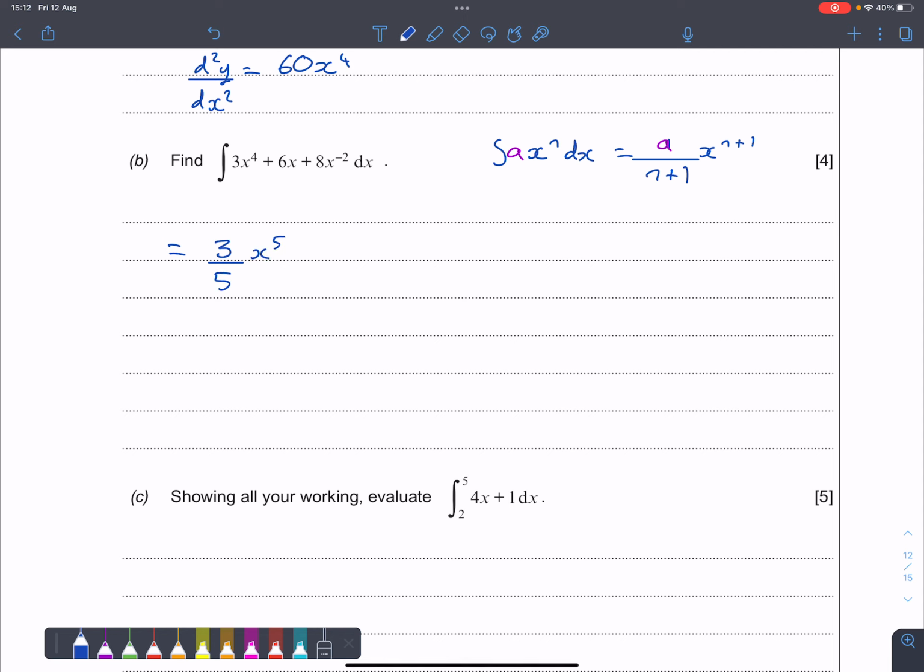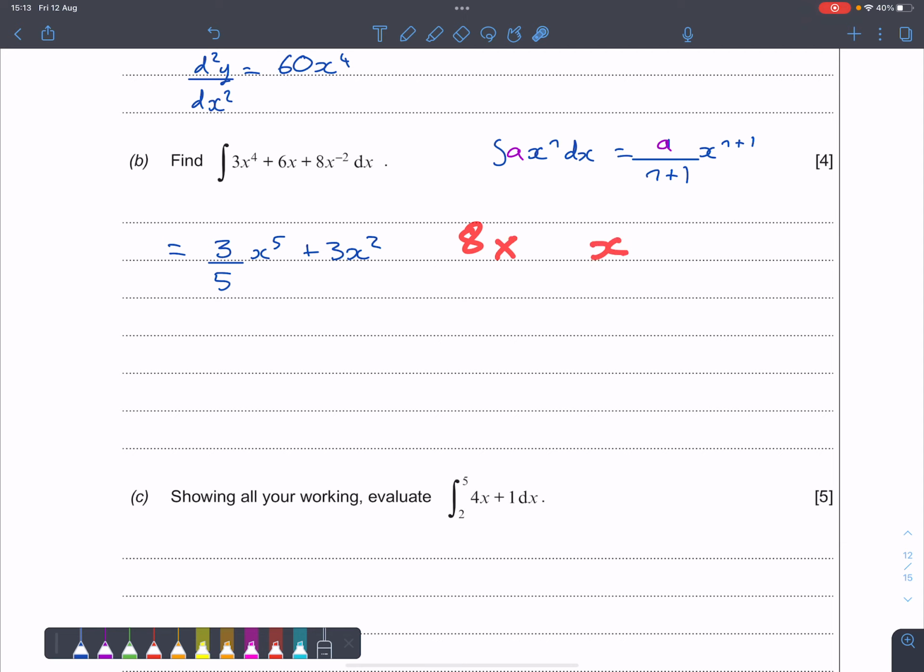Okay, then we have plus 6x. That will integrate to 6 times the integral of x, which is half x squared, so x squared over 2. 6 times a half is 3, so that's going to be plus 3x squared. The next one is 8 times the integral of x to the negative 2.